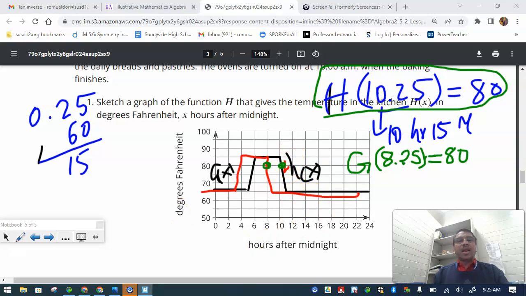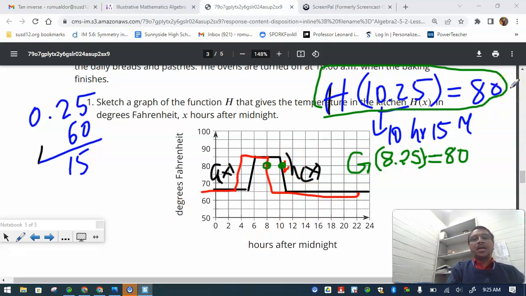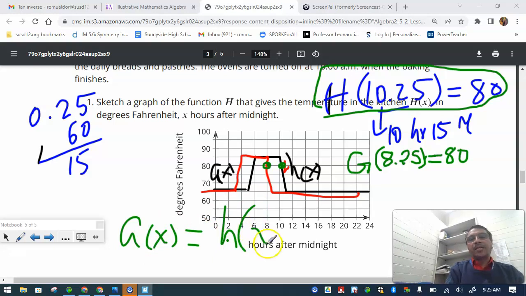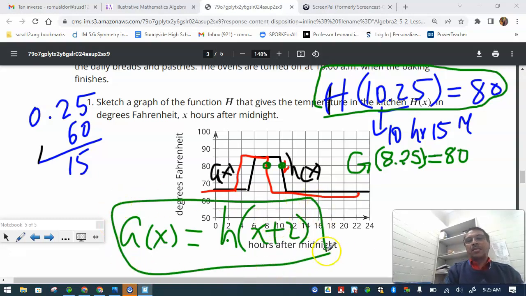And that's why we can write g(x) equals h, and you write x plus 2, because the temperature of h is 2 hours later, the same as the temperature of g. So this is how the main function has to be. Hope that helps.